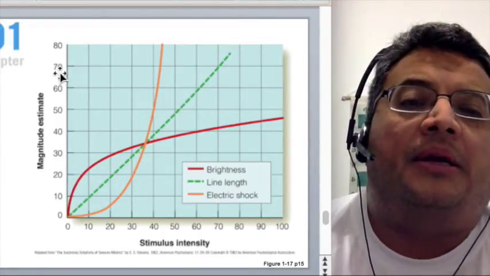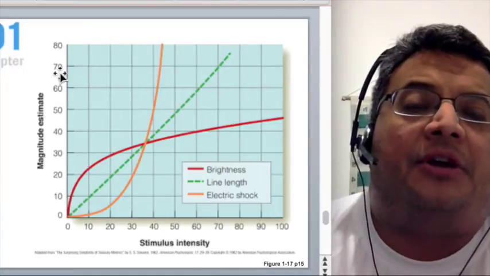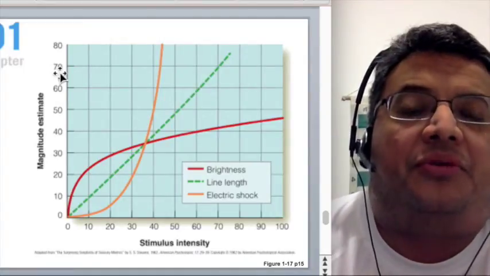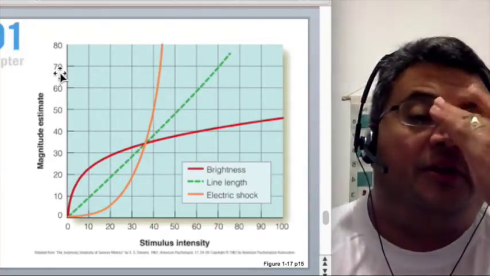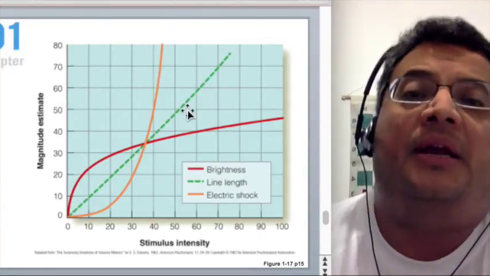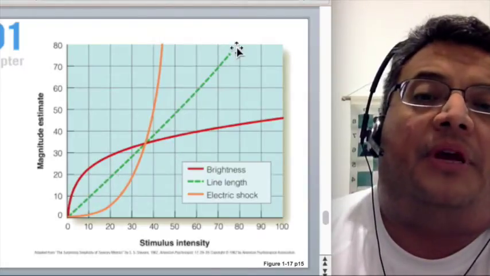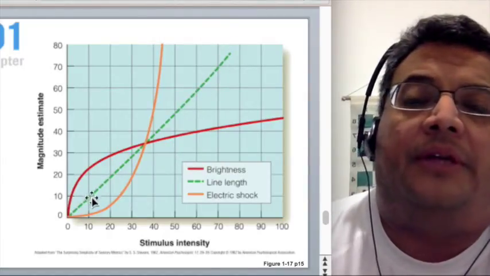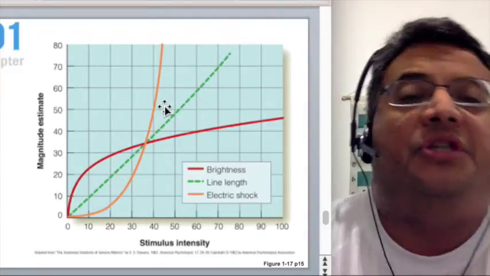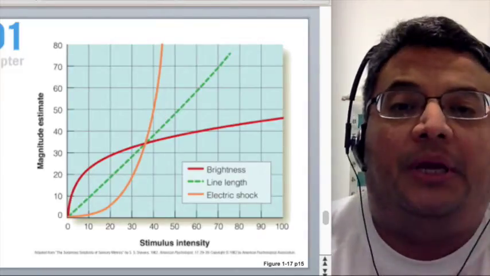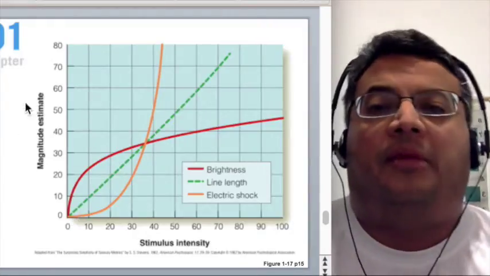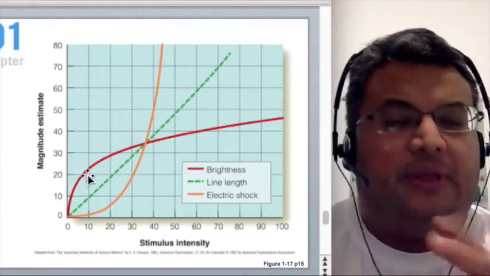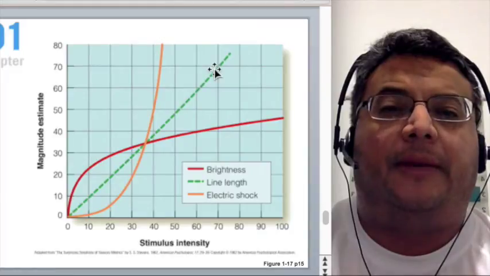It's going to stay in a perfect straight line. That's what you would expect if there's a one-to-one relationship between the stimulus intensity, what's being shot at you, and the magnitude, what you're perceiving.